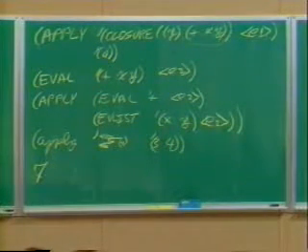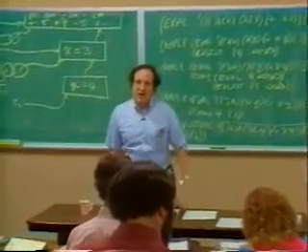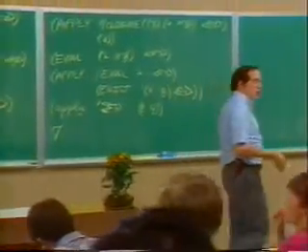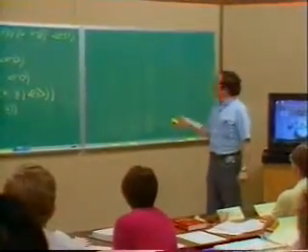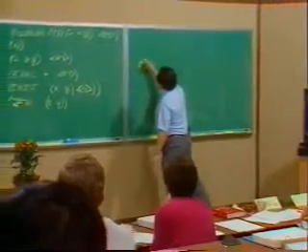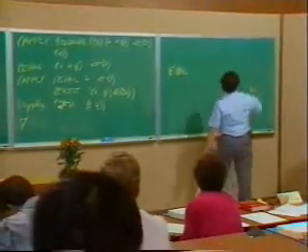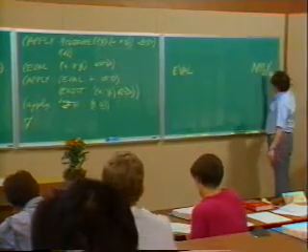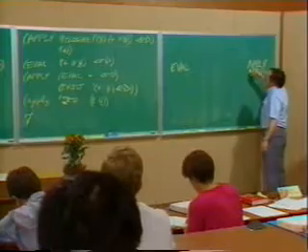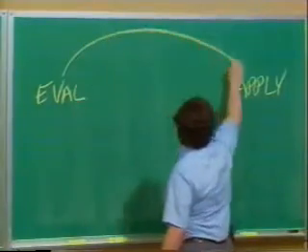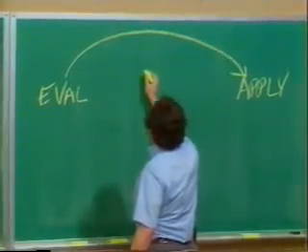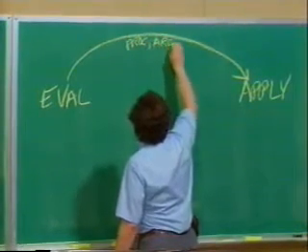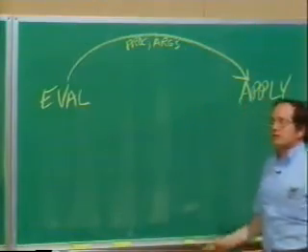Okay. I wanted to go through this so you would see essentially one important ingredient, which is what's being passed around and who owns what and what his job is. So what do we have here? We have eval and we have apply, the two main players. And there is a big loop that goes around like this, which is eval produces a procedure and arguments for apply.